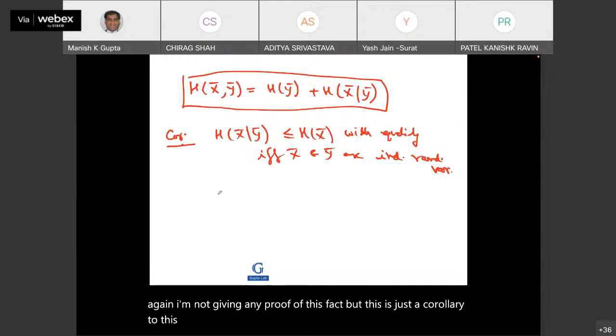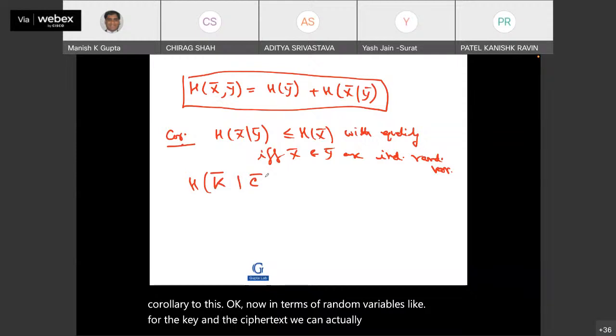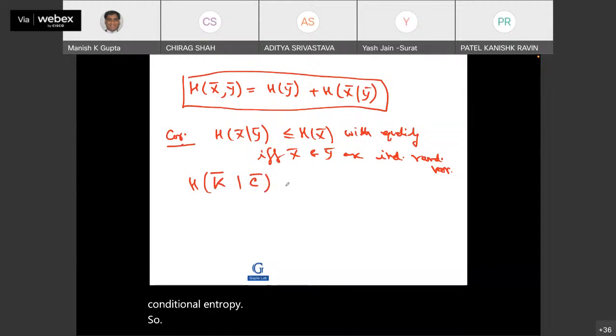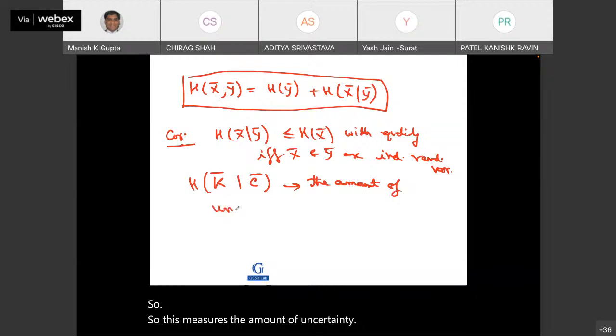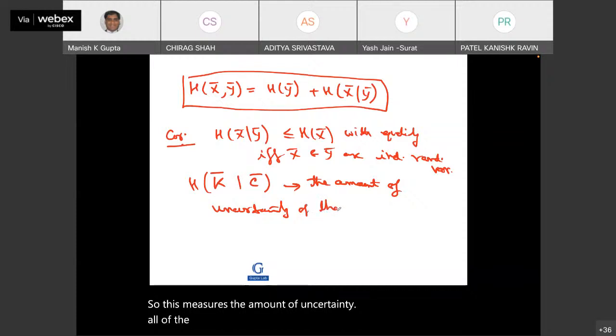Okay. Now, in terms of random variables, like for the key and the cipher text, we can actually compute the conditional entropy H(K|C). Okay, so this measures the amount of uncertainty of the key remaining when the cipher text is known.